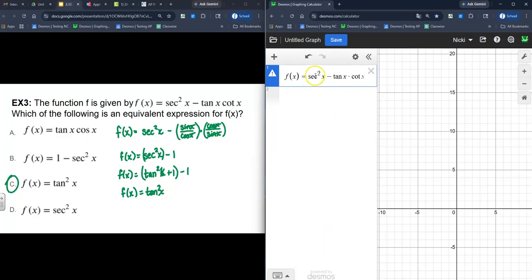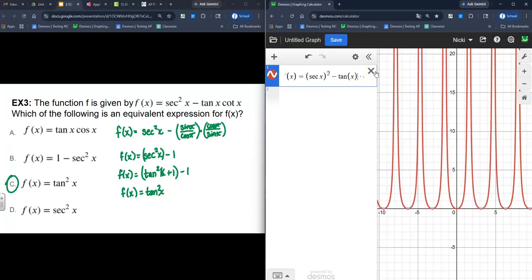Why is that not graphing? Do I need parentheses? Maybe I need to do it like this. Oh, it wants parentheses around these things. Okay, so here's this crazy graph for this particular one.